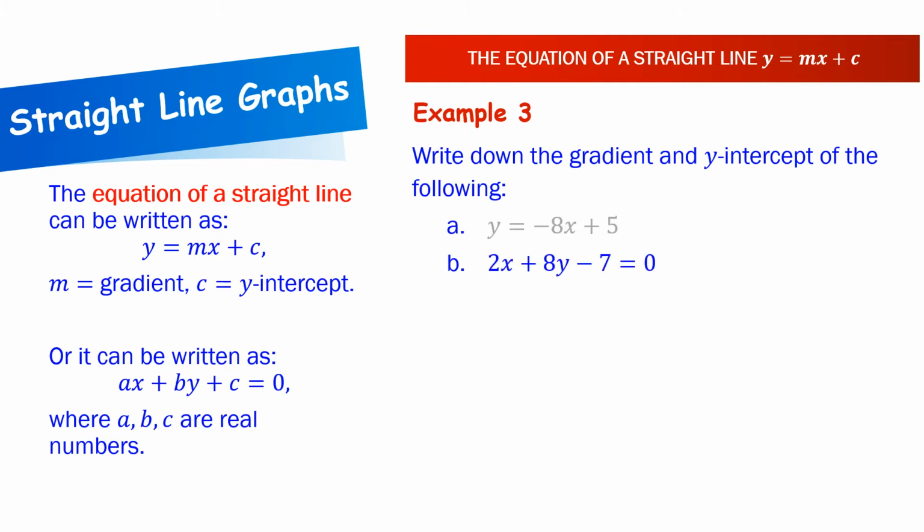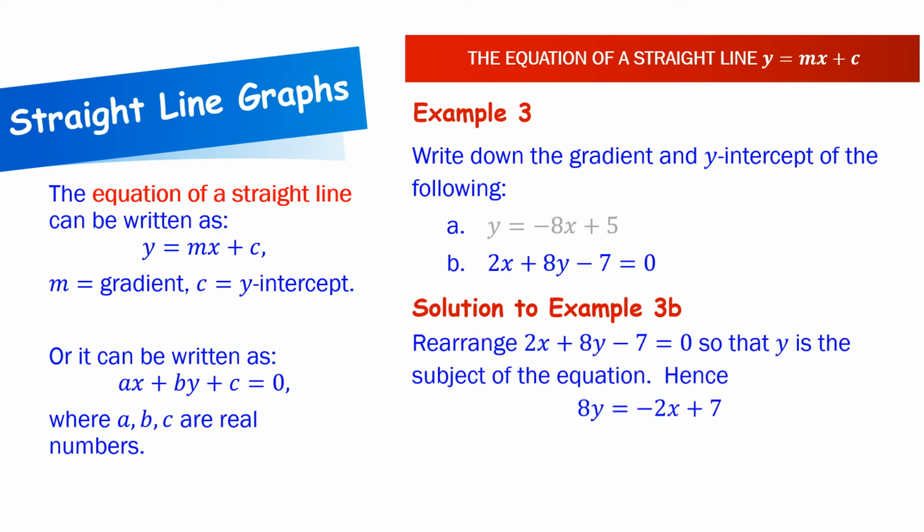We will now proceed to find the gradient and y-intercept for part 3b. Since 2x plus 8y minus 7 equals 0 is not in the form y equals mx plus c, we need to make y the subject of the equation first. So therefore, rearrange 2x plus 8y minus 7 equals 0 so that y is the subject of the equation.